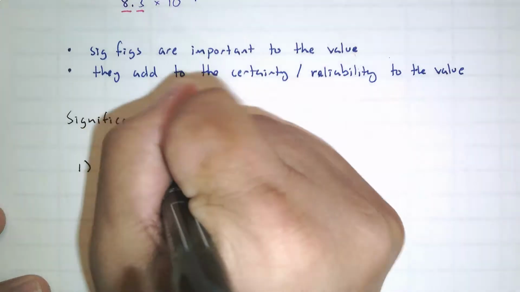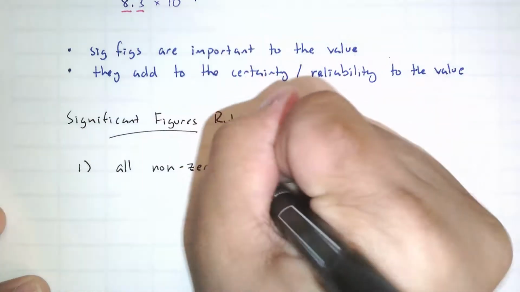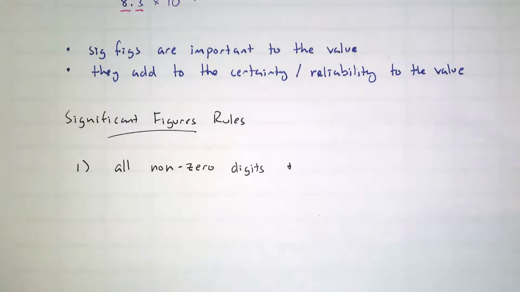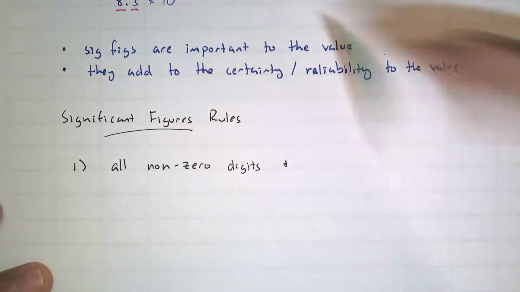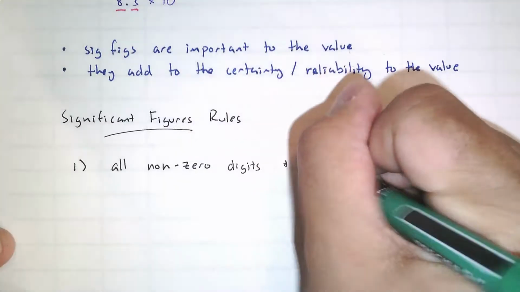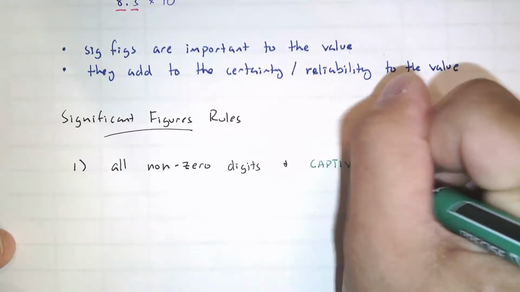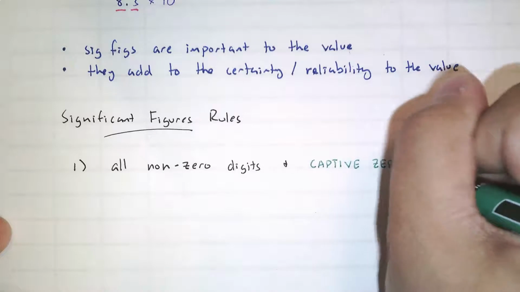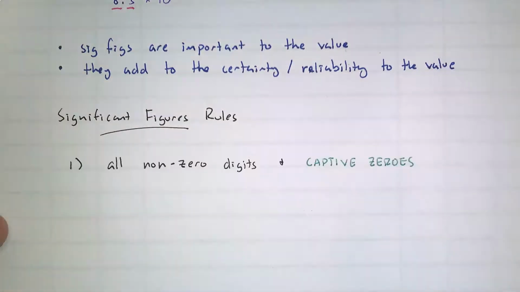All the zeros in between non-zero digits, we're going to call those captive zeros. Captive? Yeah, we'll call them captive. They're in between two numbers. And we said they are significant.